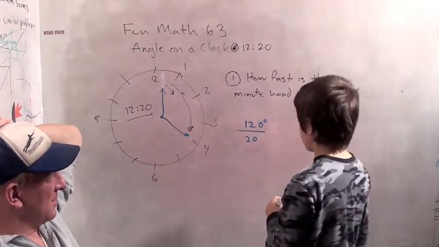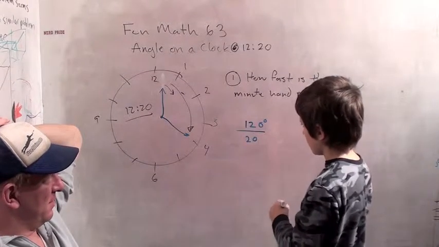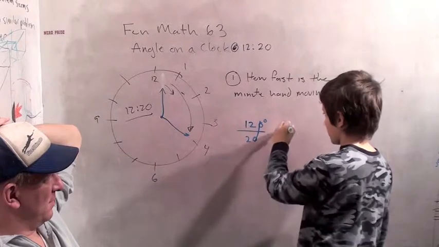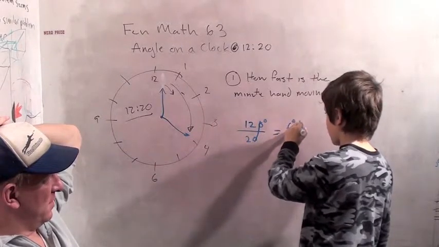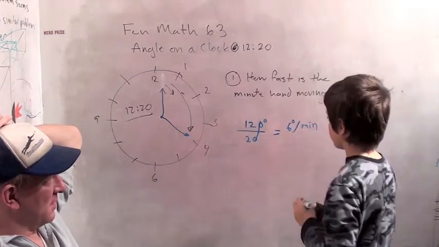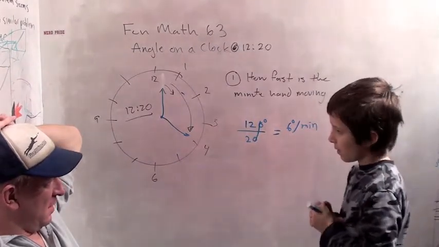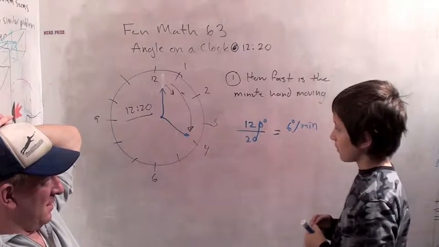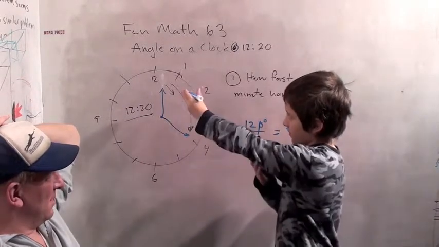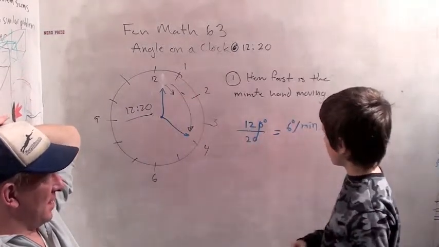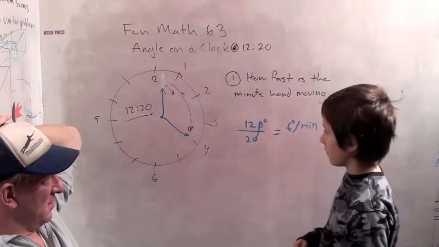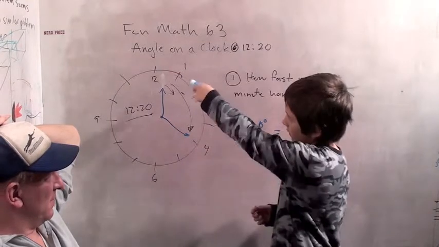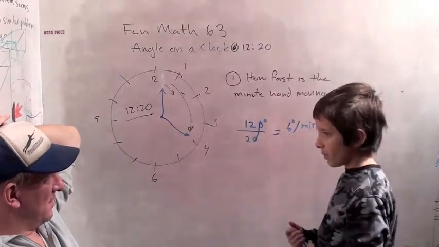And so how fast is it moving in degrees per minute? We can cancel these zeros. It's 6 degrees per minute. So the minute hand moves 6 degrees per minute. What's the easy way to calculate how fast the minute hand moves? Well, it moves 30 degrees in 5 minutes.